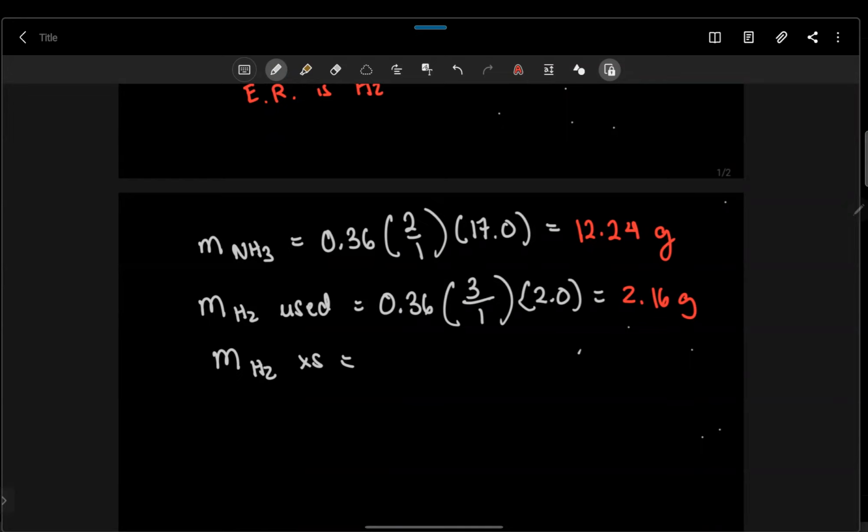So the excess will be what? 10 grams yung pinasok mo, minus 2.16 grams lang yung nagamit. Therefore, ang sobra ay 7.84 grams. Okay, so yan therefore yung amount ni hydrogen at the end of the reaction or of the process.